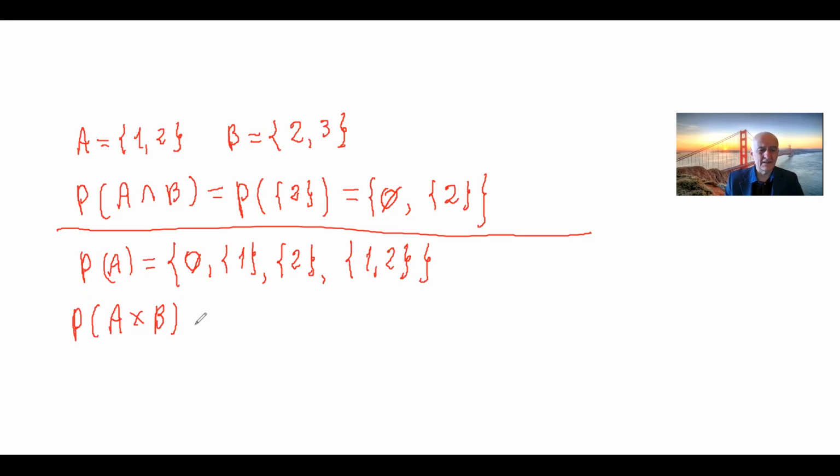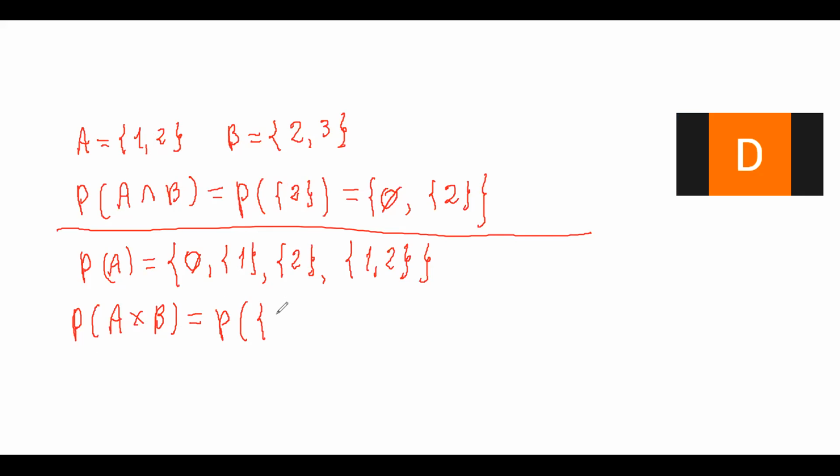So in this case, we first need to find the Cartesian product of A and B. I can write it down below and continue here with P. Now let's write down A times B. What is A times B? 1, 2, 3, and the empty set as well.